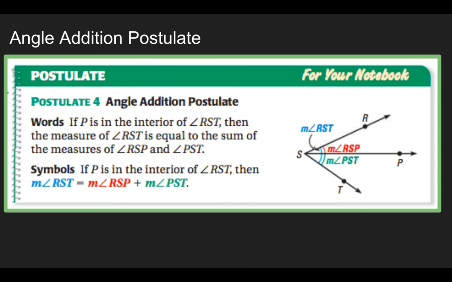Next, we're going to look at the angle addition postulate. The angle addition postulate says, pretty similarly to the segment addition postulate, where I can say part plus part equals whole. So in words, this says if P is in the interior of angle RST, okay, so angle RST is this outside angle, and P is in the interior, right?